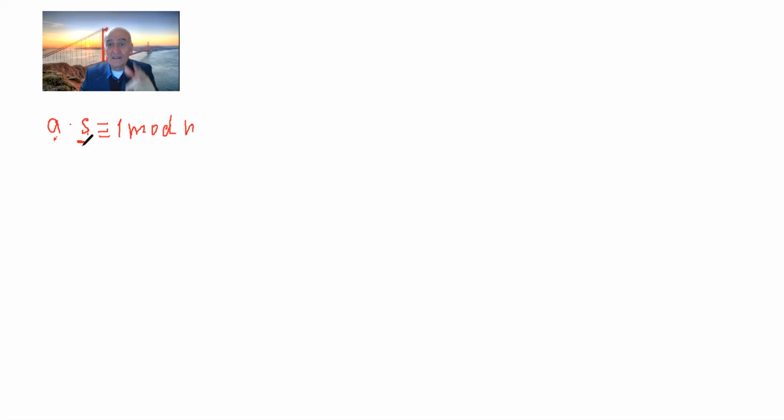And finding this number is the key of the RSA crypto system, to decrypt. This is the topic of our next class. Next week, we will discuss the crypto system, and this is key to find this number.